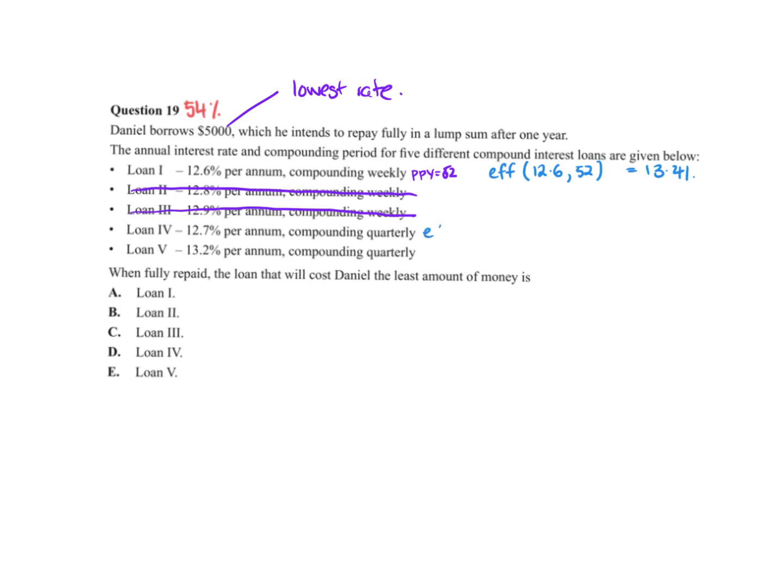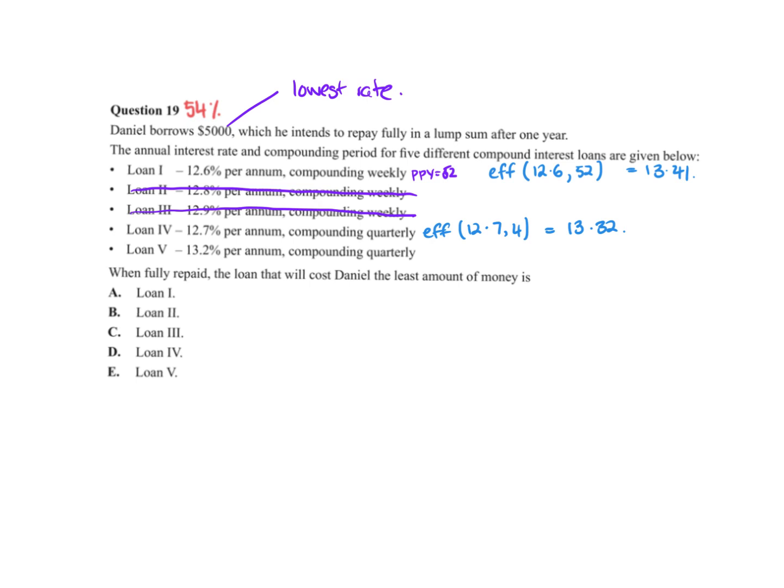And then if I do the effective interest rate of this one, 12.7, 4, I end up with 13.32. So already loan 4 is now better, isn't it? Even though it's a higher nominal rate, because it's not compounded that often, it ends up being lower.